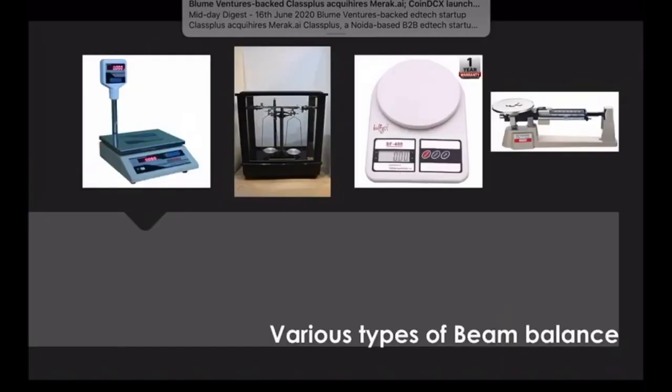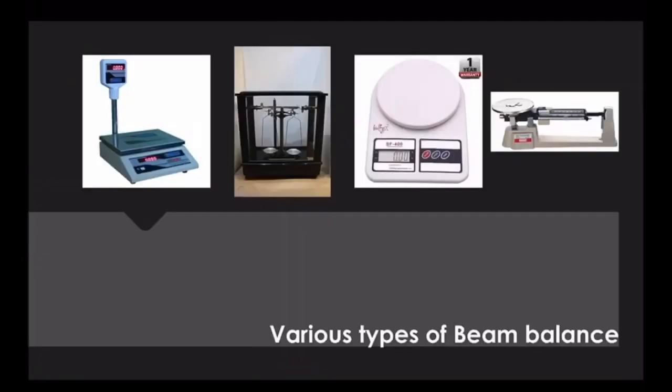Now this is a traditional beam balance. Presently there are various kinds of balances which are used in our houses and shops. You will see this kind of balance in the grocer's shop, and this type of balance you will see in the sweet shops.